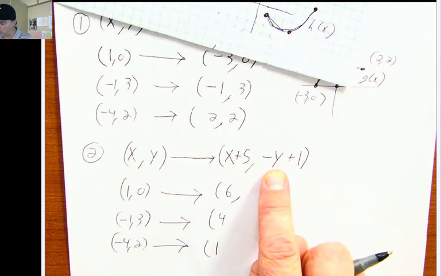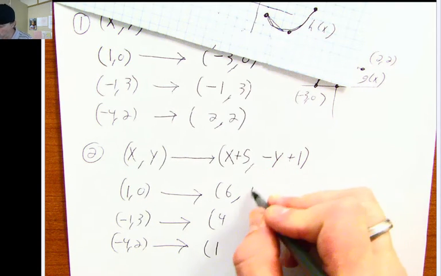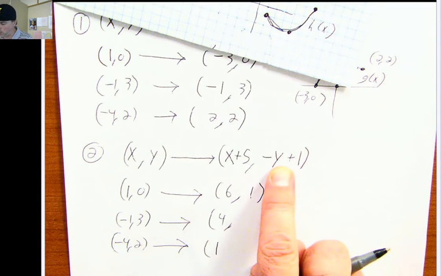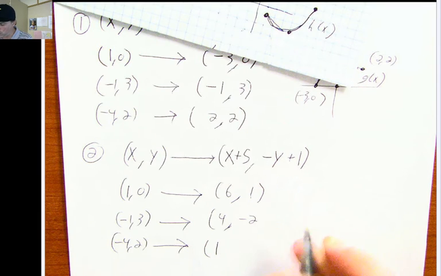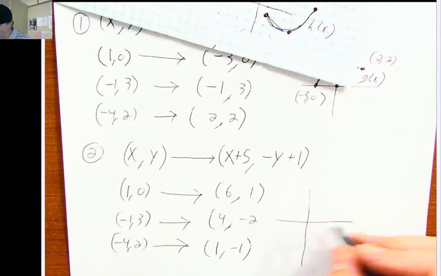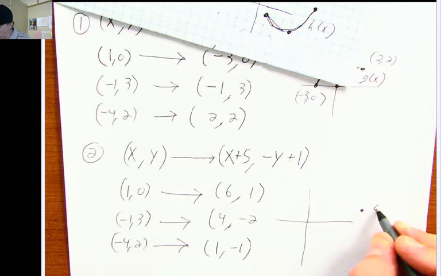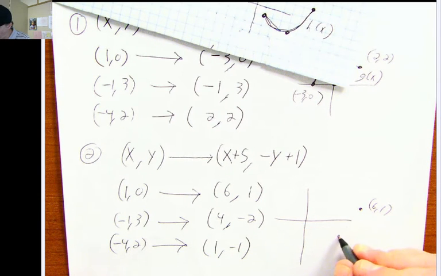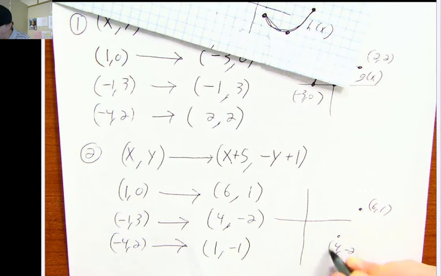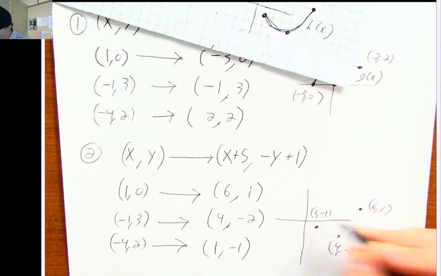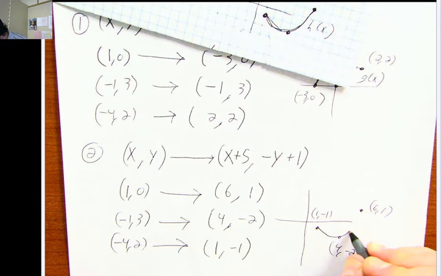So negative 0 is 0, plus 1 is 1. Negative 3 plus 1 is negative 2, and negative 2 plus 1 is negative 1. And then you just quickly graph them where they would be approximately. So you have your 6, 1, your 4, negative 2, and your 1, negative 1. Connect the dots.